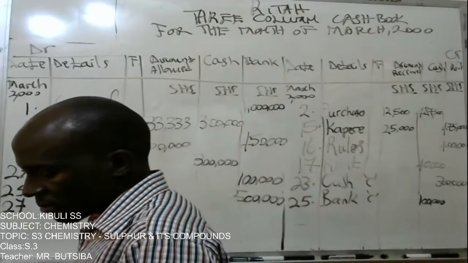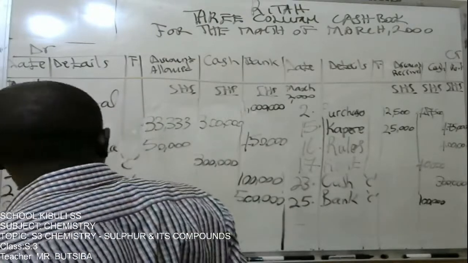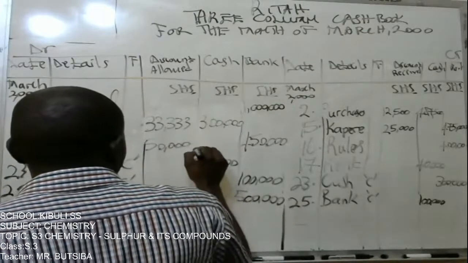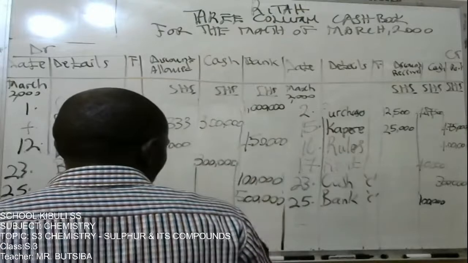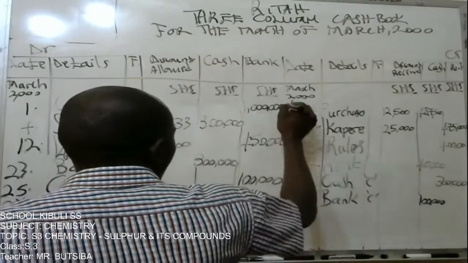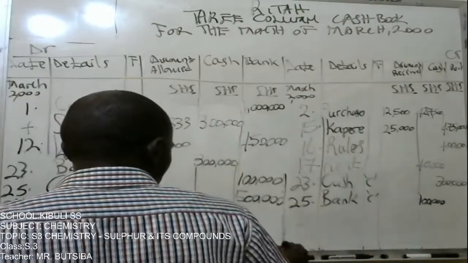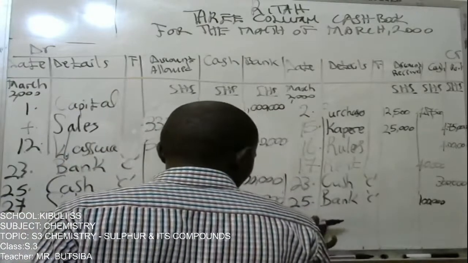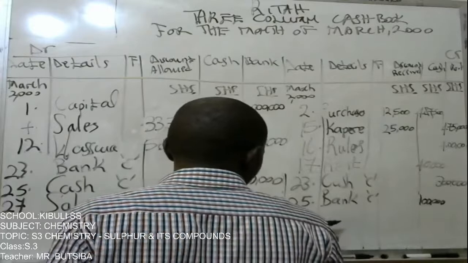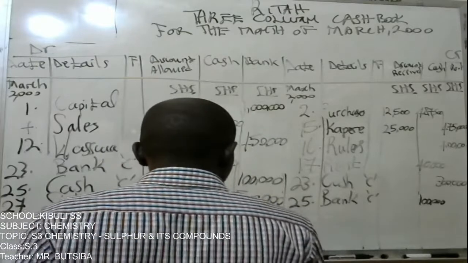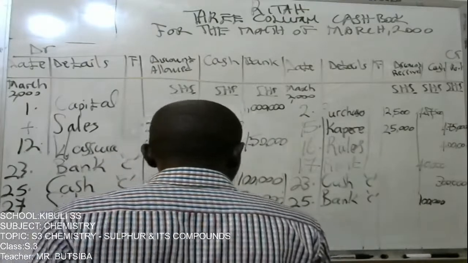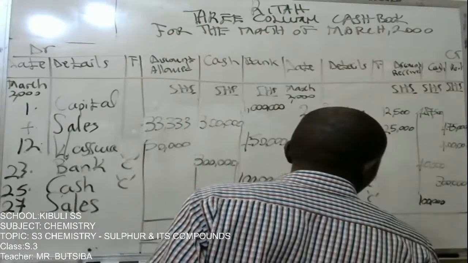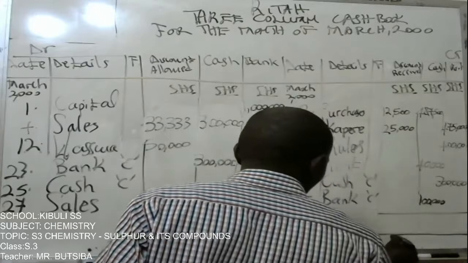So now you can proceed and balance off your 3-column cash book. At least you have already seen how to balance off the 3-column cash book. At this stage, I don't expect anyone to fail to balance it. The challenge comes with the discount columns. Don't balance them. Simply get the totals.